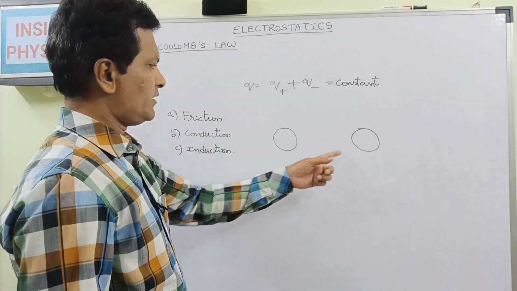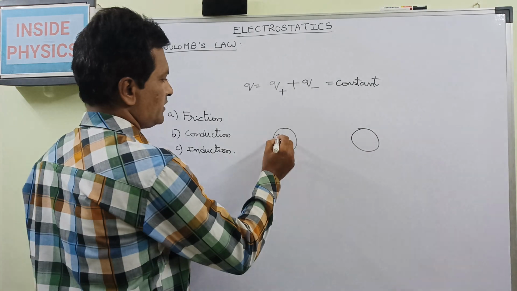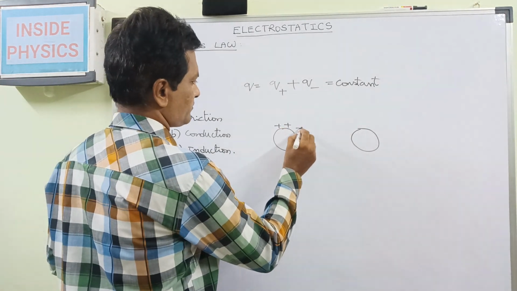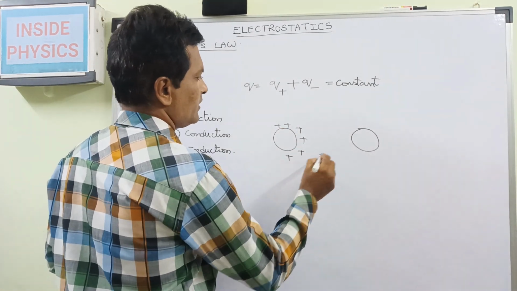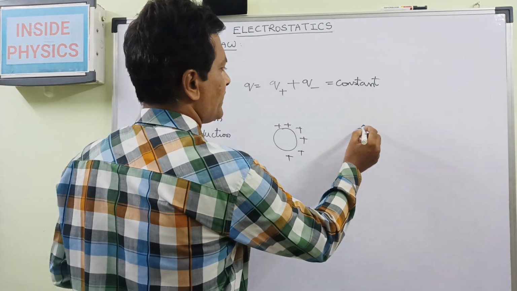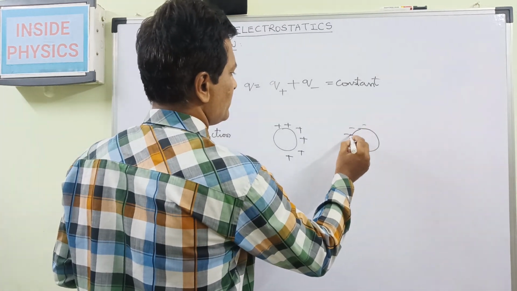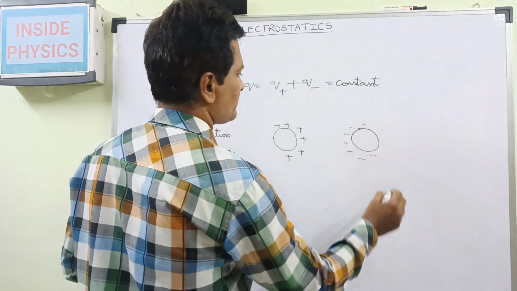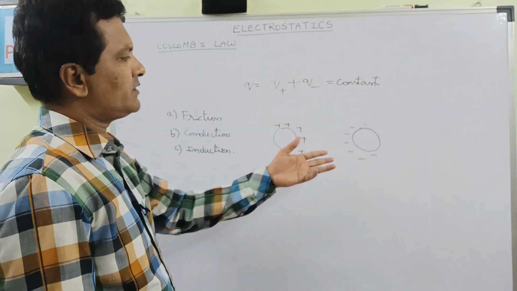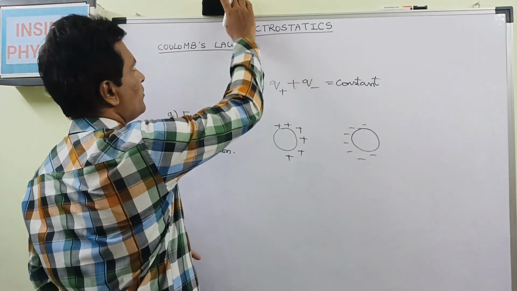If there are two bodies, this one positively charged and this one negatively charged, or we can take this as a neutral body also.